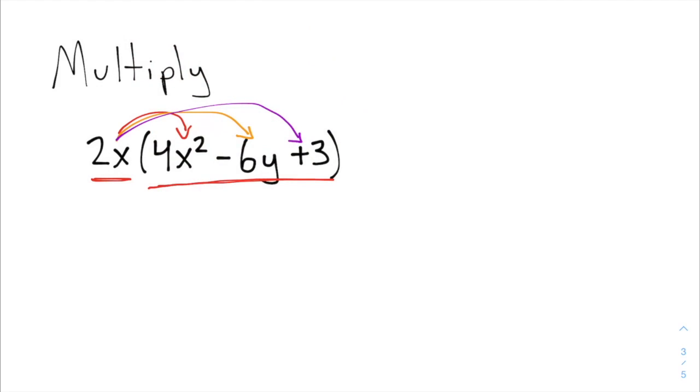Okay. Up first, we have 2x times 4x squared. Numbers will multiply together just like they always have. 2 times 4 will give us an 8. And when we multiply variables together, I'll write this up here, x times x squared. The rule is that if they have the same variable, the exponents add together.